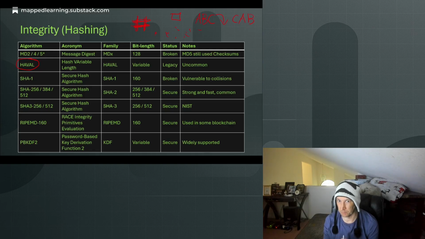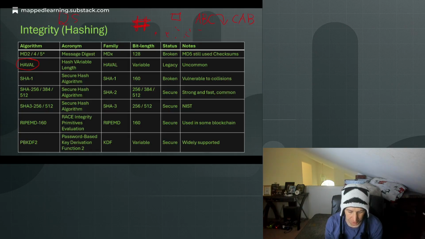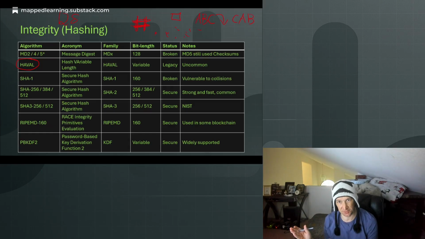Okay, and you see where it says variable length. But here's the thing: if I use the Haval algorithm on a file and I specify the length, it is going to give me a resulting hash that is that many bits in length. Let's just call it 128. Okay, you have 128 bits, and they're just going to be on and off in a particular way.